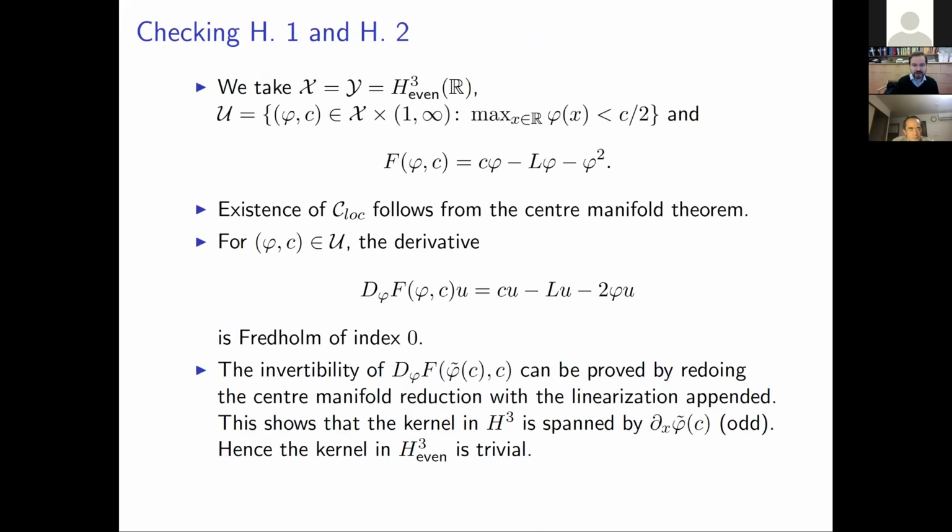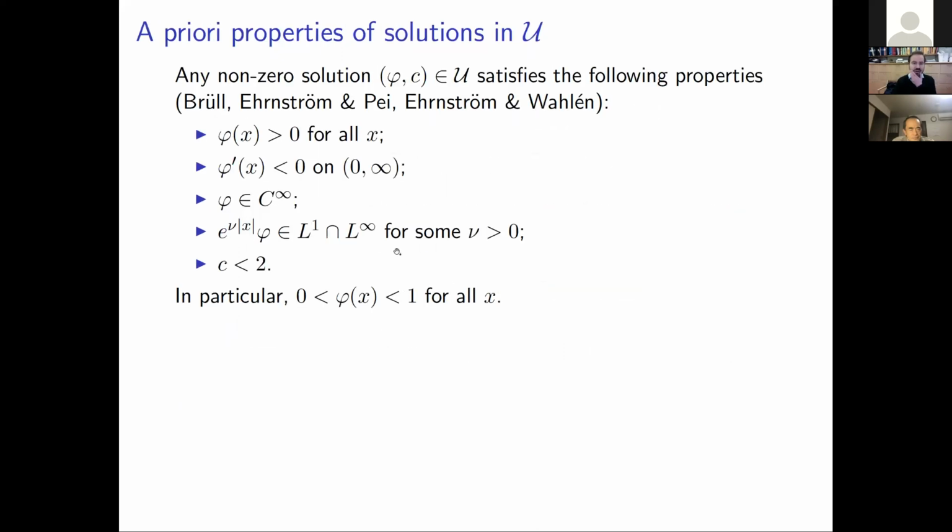The ingredients that go into this are some a priori properties of solutions. I refer to these two papers. For example, we use that the solutions are positive, that they're monotone decreasing, that they're smooth as long as we're not at the highest wave, this exponential decay, and that you can also get an a priori bound on the wave speed.